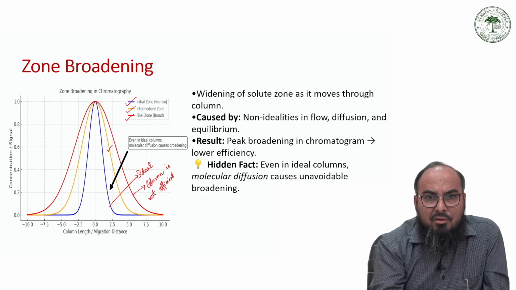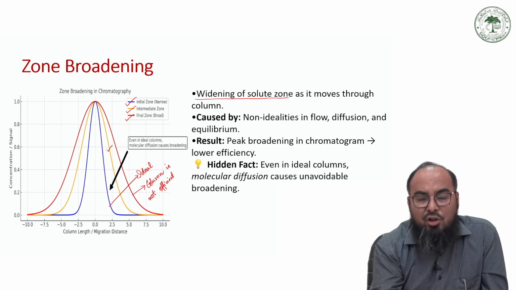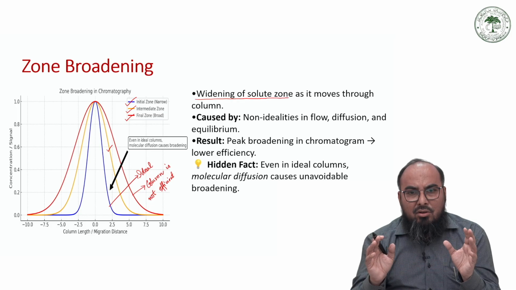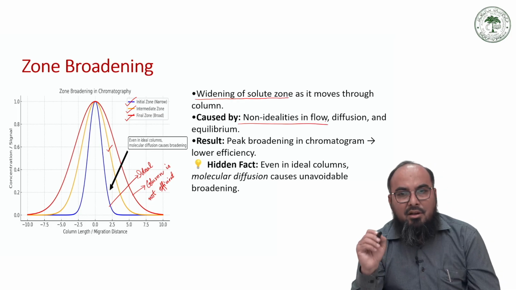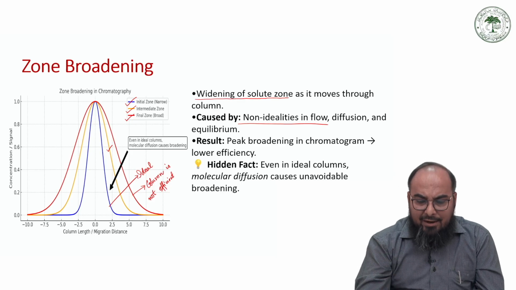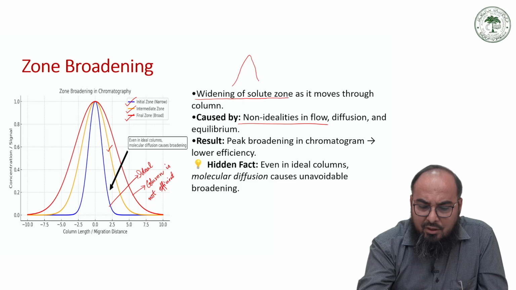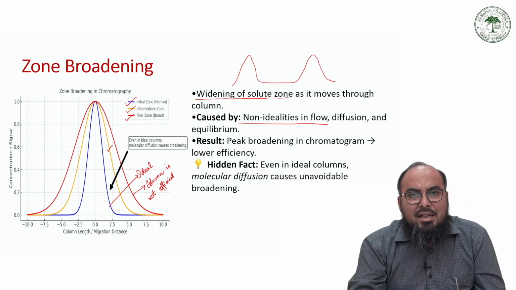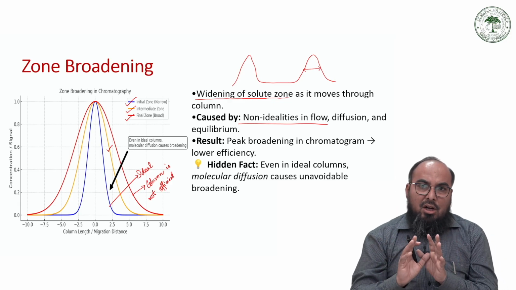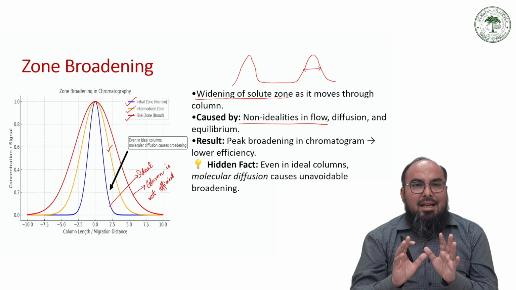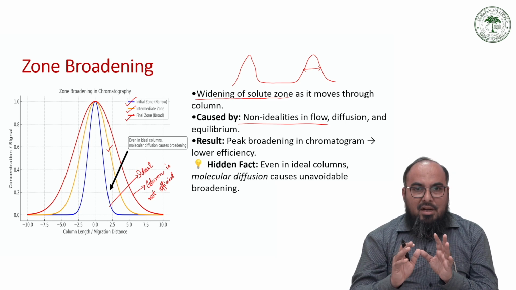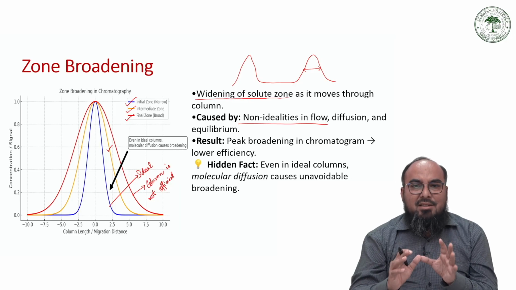We have to restrict the widening of the solute zone, because it leads to broadening, and we cannot ignore the non-ideality factors in flow and diffusion. So we have to have peaks as resolved as possible, keeping the peak width as small as possible. But we cannot overcome them. Ideally speaking, practically speaking, they exist.